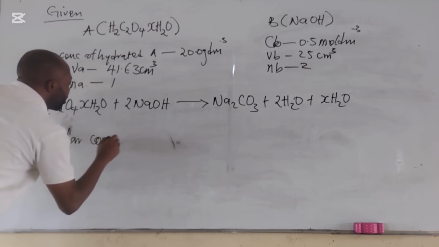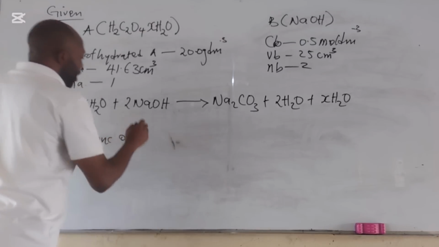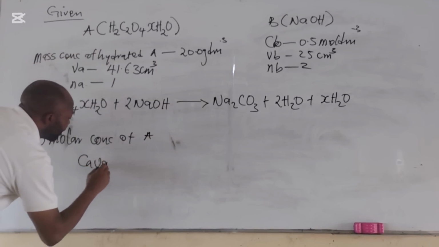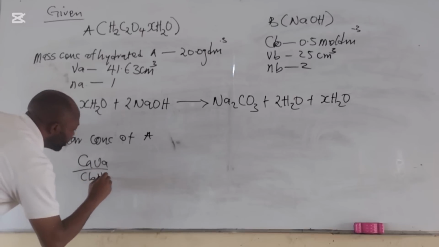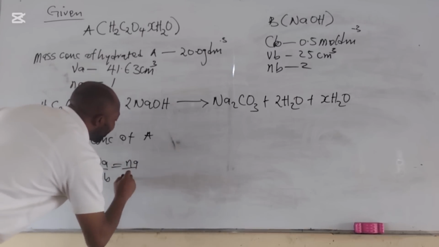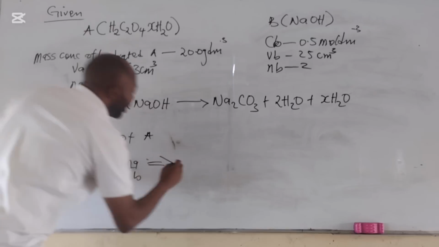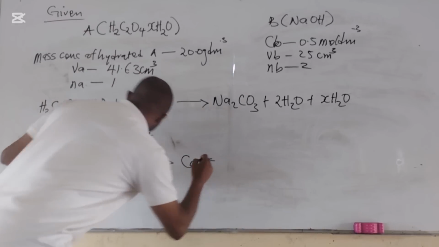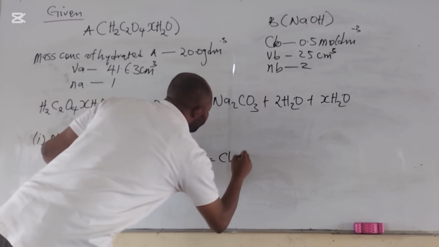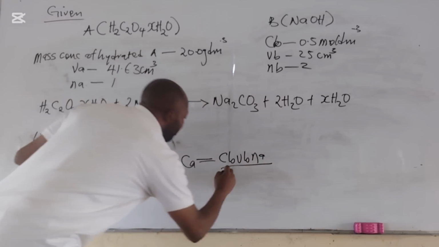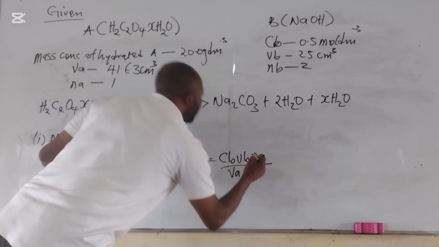Molar count of A. We use the formula CAVA over CBVB equals NA over NB, where we're looking for CA, where CA equals CBVB NA over VA NB.